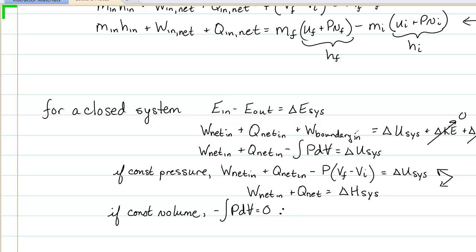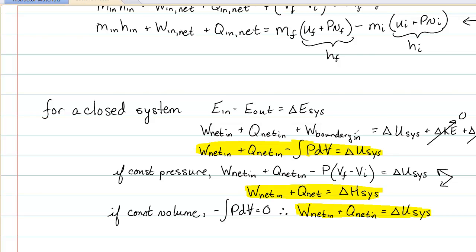So that means we have an expression, work net in plus Q net in is the change in internal energy of the system. So for constant volume systems, we use internal energy. For constant pressure systems, we use the change in enthalpy. If we don't have either of those cases, we have to include the boundary work as an integral of PdV.